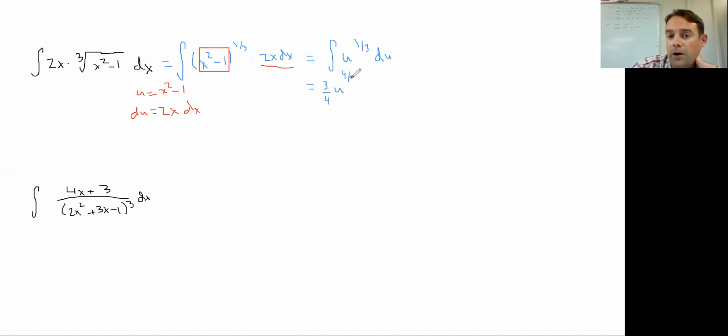We integrate with the power rule again, and then we go back and plug it in. So really the only rule we still have is just the power rule. And u was x squared minus 1.